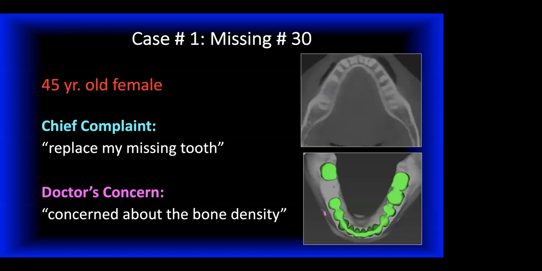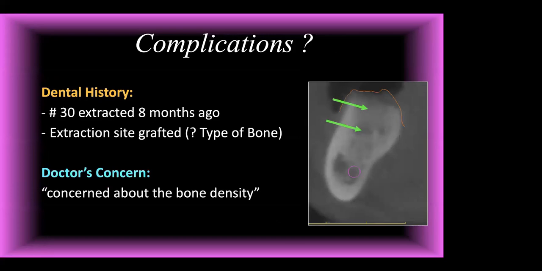The chief complaint of the patient was they want a replacement of the missing tooth. The doctor's concern is the bone density in the area of question. So why did I say this is a concern? Well, number one, whenever you get a patient that you can't get the information on, especially bone graft material, there are so many different bone substitutes out there now, and it can really impact how you're going to treat this case.